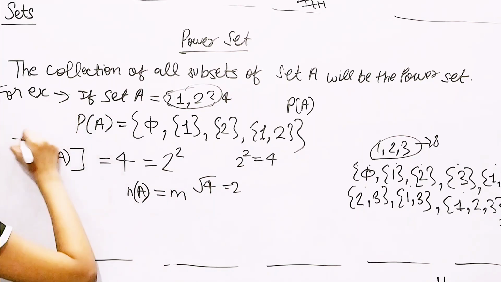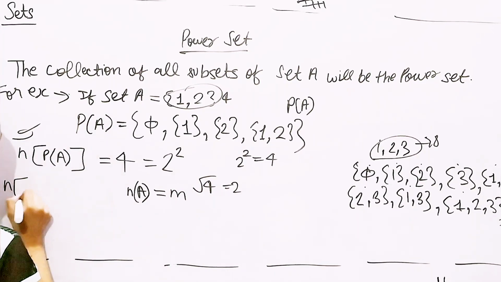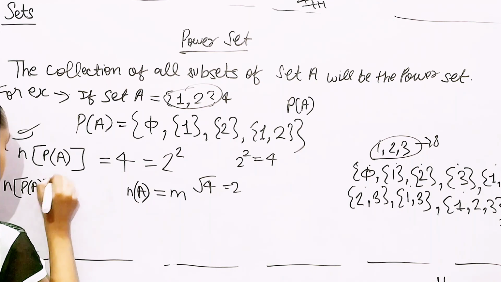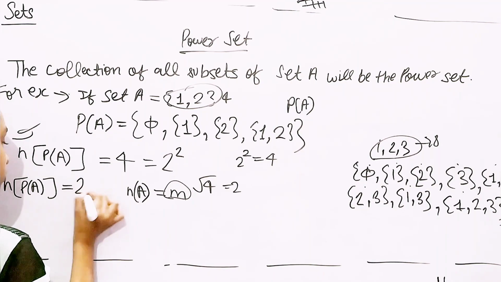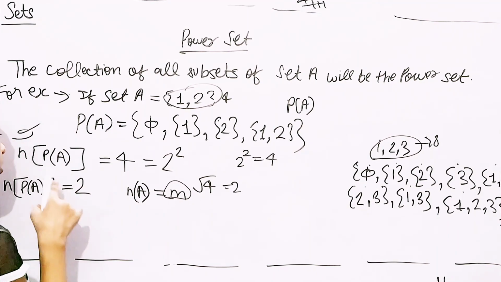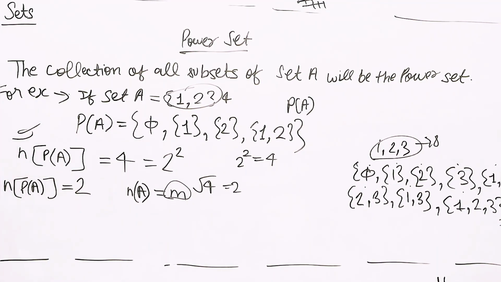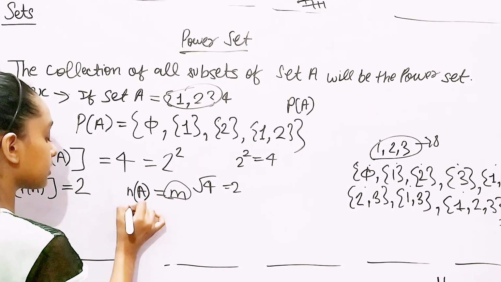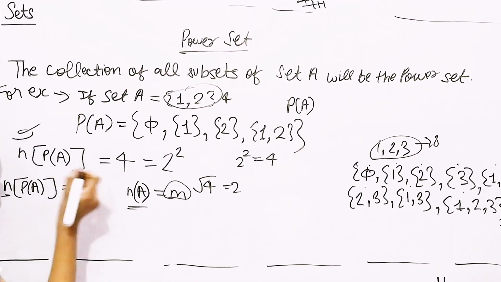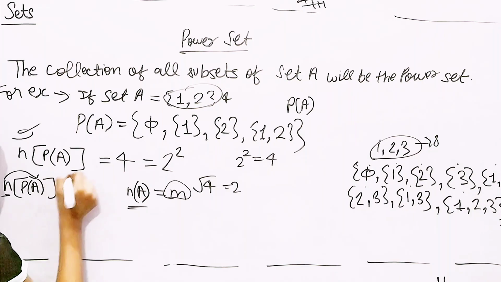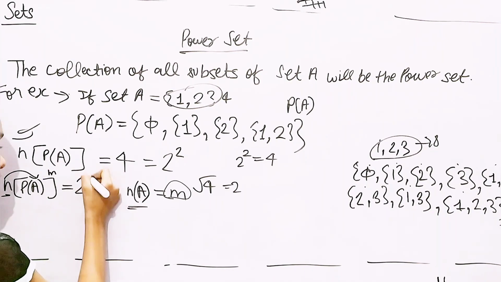So we can write that the number of elements of P of A will be 2... how is it so? Is it really 2, or something else? So it's actually going to be, as we just stated, n of A equals m. So we forgot to write m.